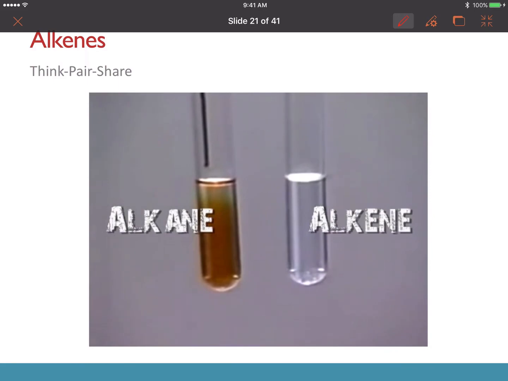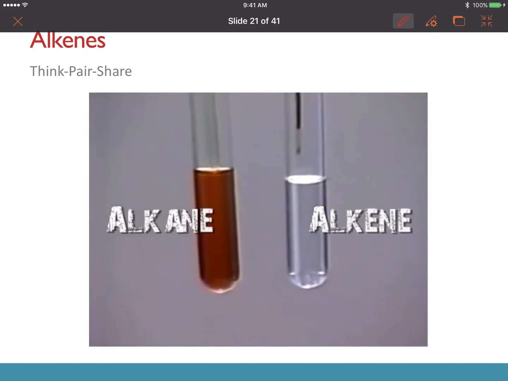It just darkens the solution, which means that the bromine did not react. Now next, what should happen when you put it in alkene? You see that the bromine color instantly decolorizes. It became colorless immediately. So what does this mean? It means that your bromine molecules have been reacted away due to the CC double bond.